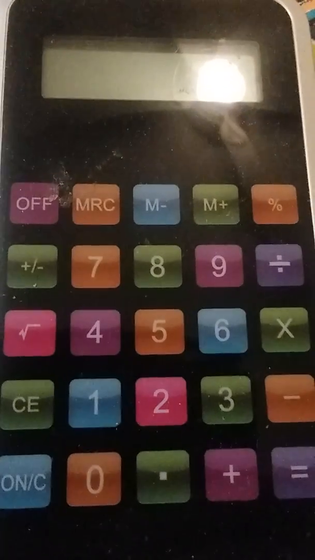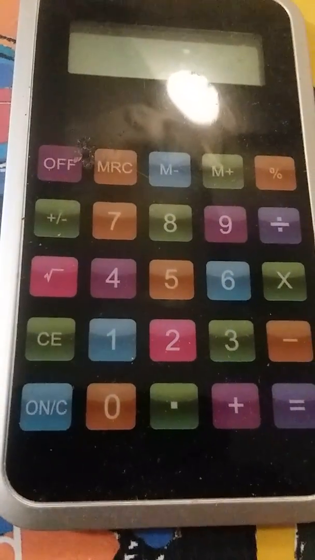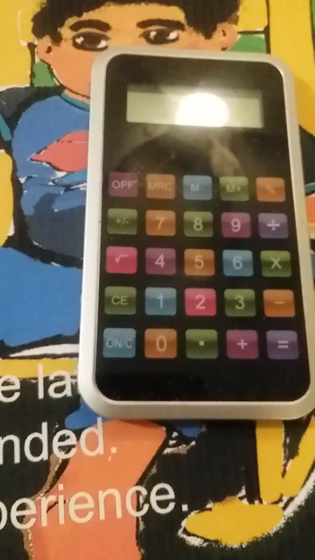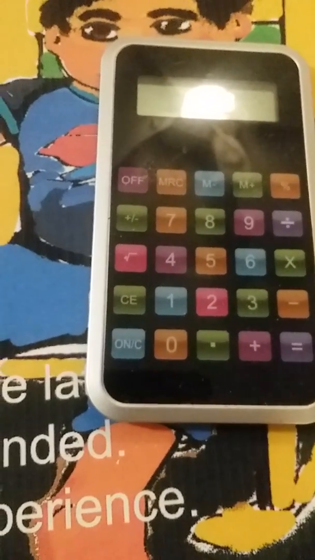I'll use a calculator as an example, because most of us would probably say you don't have too hard a time finding a calculator. But let's say the calculator was not working, or you didn't know if you could even use a calculator during the exam. So I'll go ahead and use a calculator there as an example.